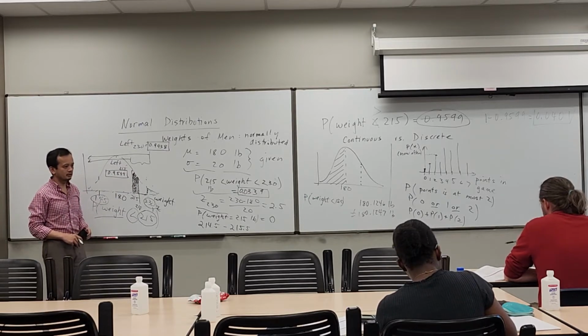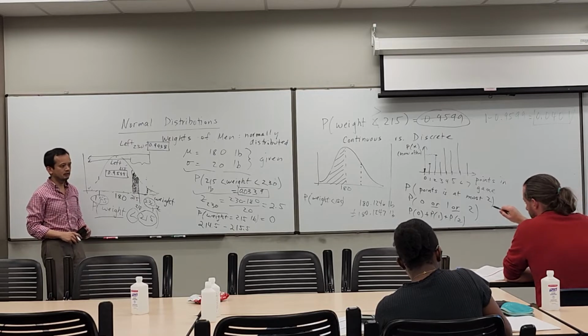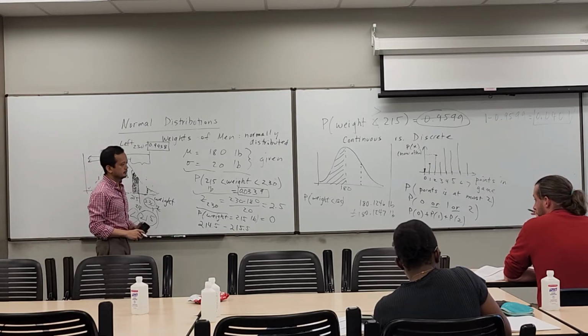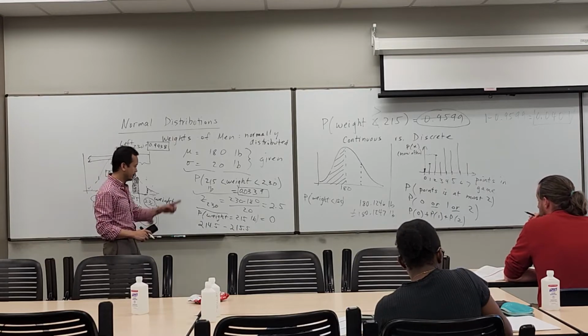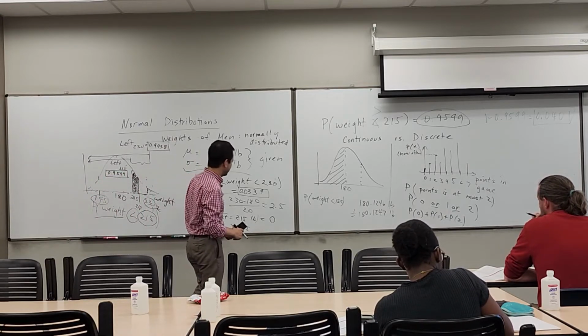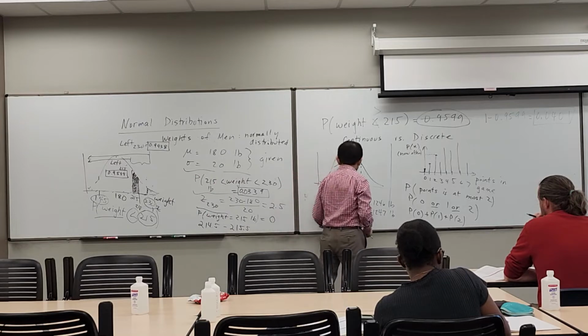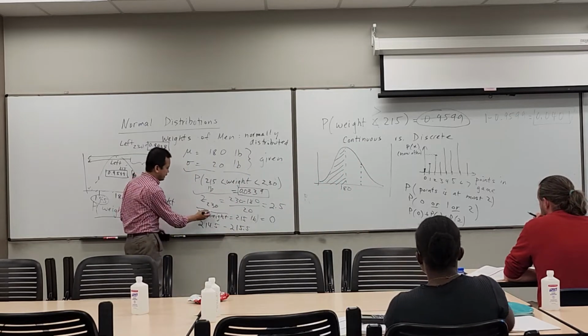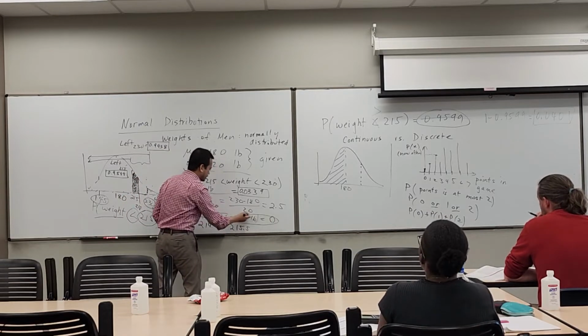Are there going to be defining terms later on, looking at examples like this where it's greater than or equal to, or is it just going to be greater than or less than? Okay, great point. So that leads us to the next thing. We just said that mathematically, the probability that a weight is equal to 215 is 0.